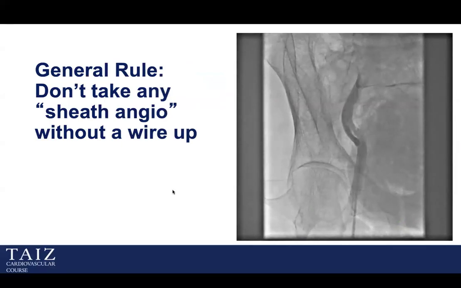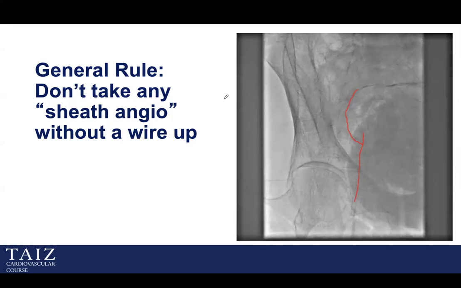Do not take a sheath angio of any sort without a wire up. And I mentioned that earlier, because the short sheath that we use usually is about 11 centimeter. And a lot of patients start turning into an external iliac from the common femoral at around the same height. So the sheath is coming this way, and the tip of the sheath is hitting the wall of the vessel here.